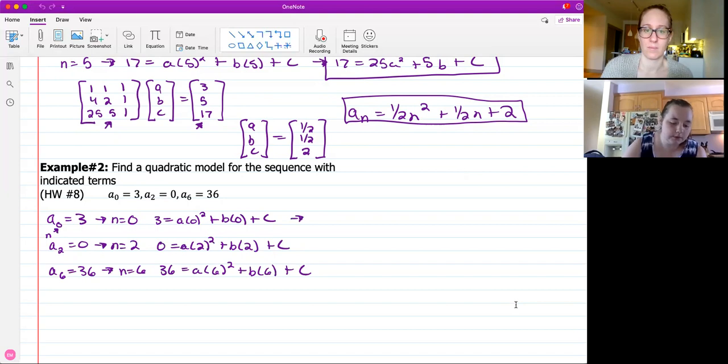And my tip for you, since you saw yesterday that I got confused with where things go in the matrix, is instead of simplifying this first equation as just 3 equals c, I would simplify it down to 3 equals 0a plus 0b plus c, just so that you can keep things straight in your matrix and you don't make mistakes. It's easier to see because you can see all of your variables written out there. And if you need to, you can even put a 1 here.